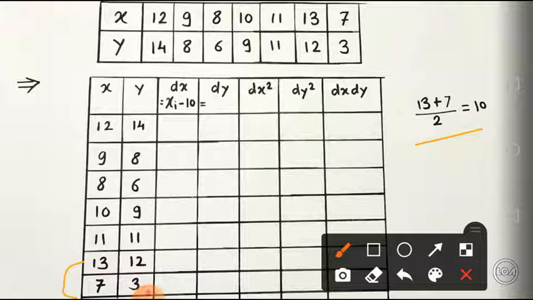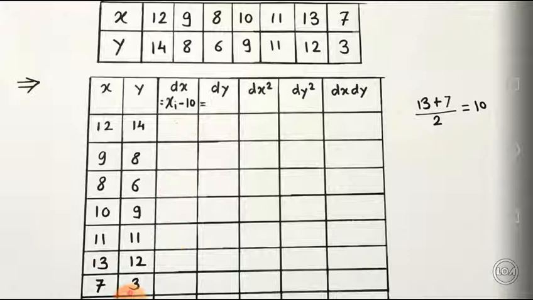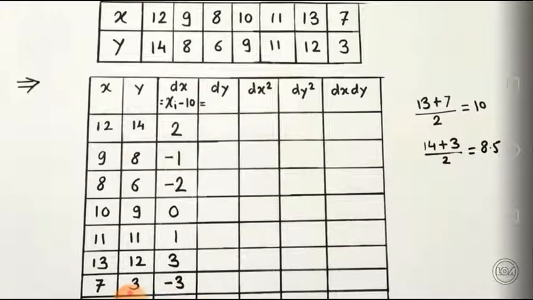In the third column the value of dx will be 12 minus 10 is 2, then 9 minus 10 is minus 1, 8 minus 10 is minus 2, 10 minus 10 is 0, 11 minus 10 is 1, 13 minus 10 is 3, and 7 minus 10 is minus 3. Accordingly we have calculated the values: 2, minus 1, minus 2, 0, 1, 3 and minus 3.